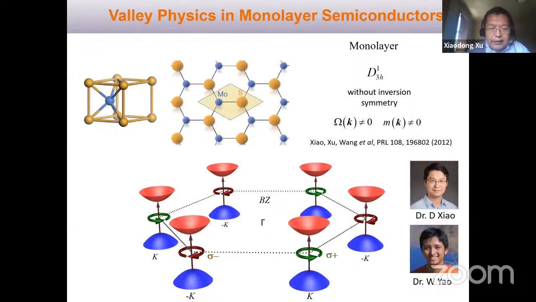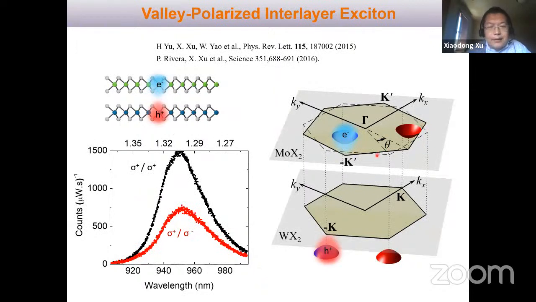These are plus K and minus K, and the individual valleys can be selectively addressed by circularly polarized light. So these give us the first solid state systems with optically addressable valleys.